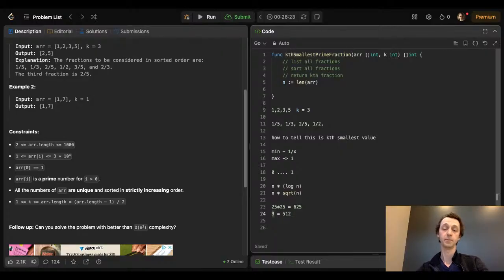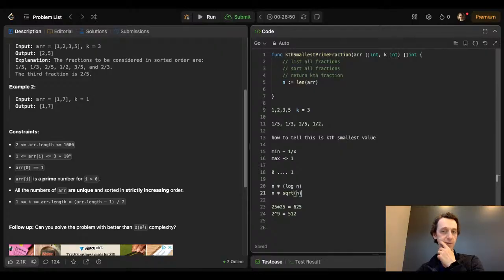So log n, so this is 2 to the power of 9.